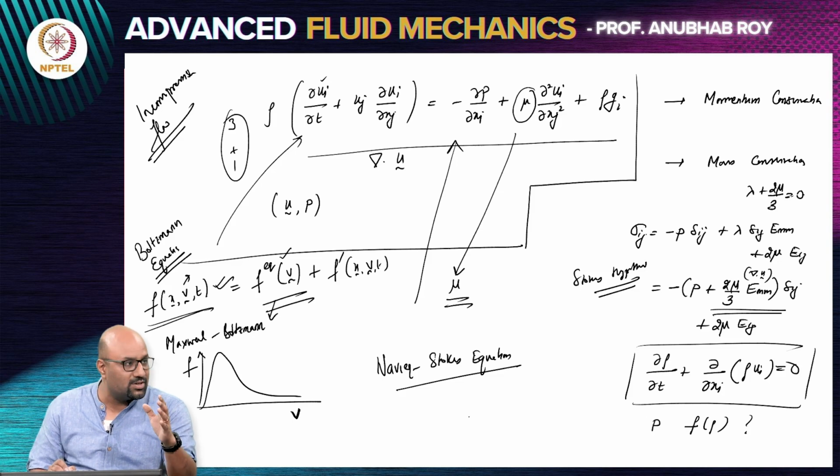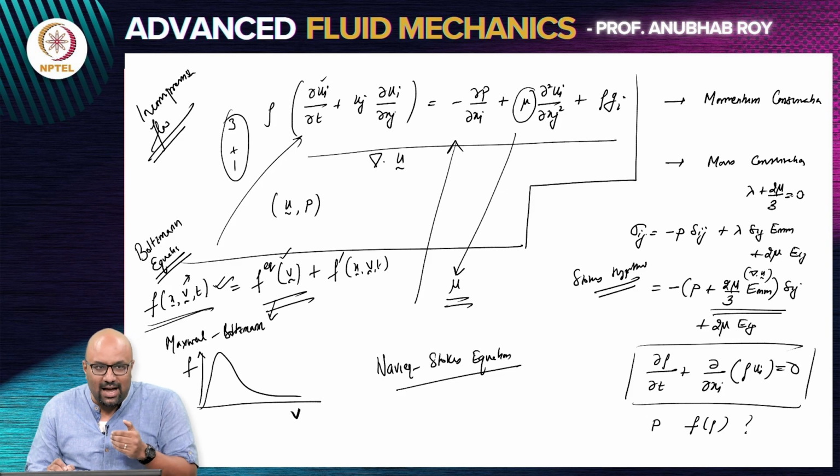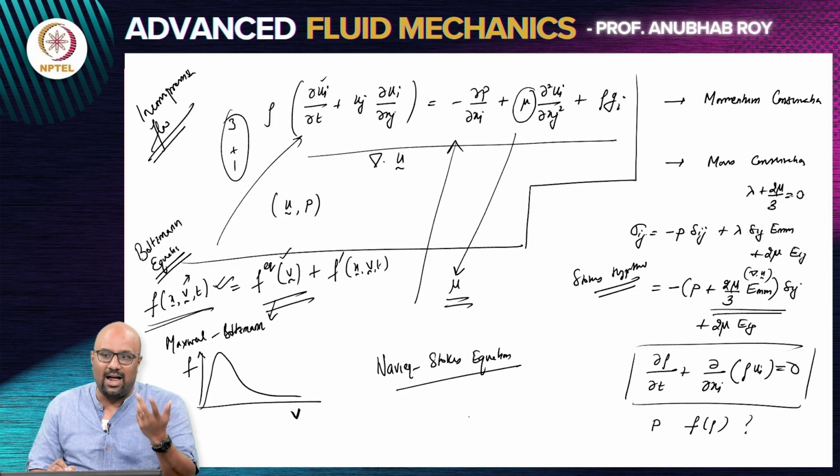But it is an approximation, because now when I told you all this from the molecular point of view, you can start becoming more curious and you can say, if it is derived as this small deviation from the equilibrium, what happens when deviations are not small? What happens when deviations become significantly large? Then you are going to get corrections to this equation.